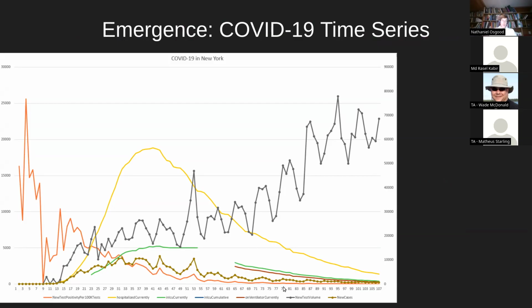And I would argue that these are not solitudes, that the number of new cases over time in brown here is not something to be considered in a siloed way, in isolation from the number of new tests, nor from the test positivity. They are all linked, but they are linked in complex ways, right?